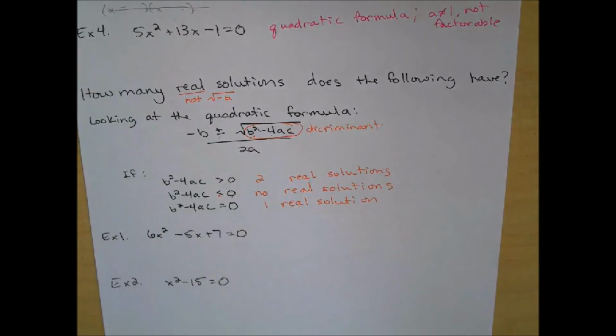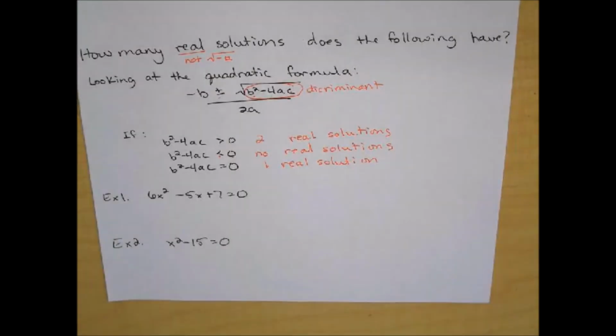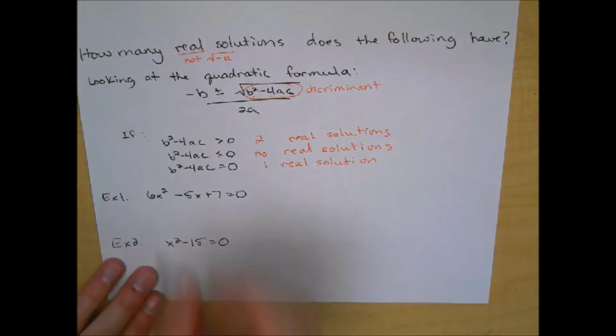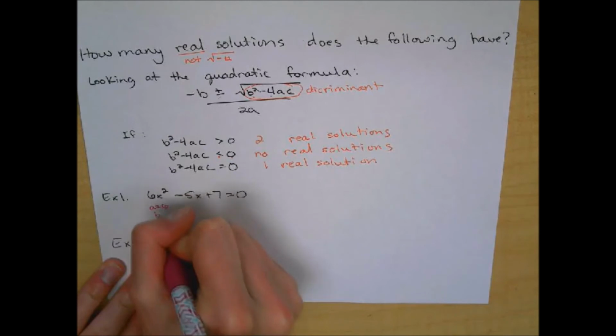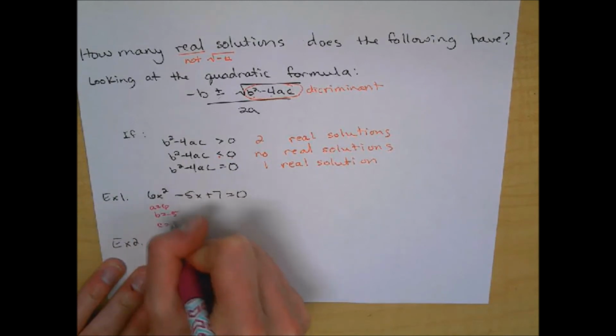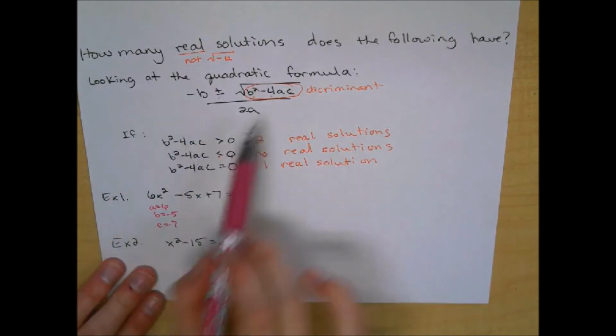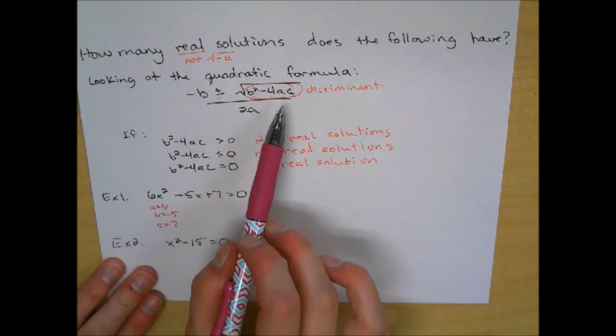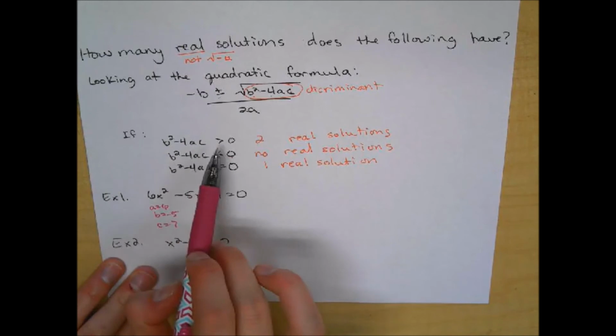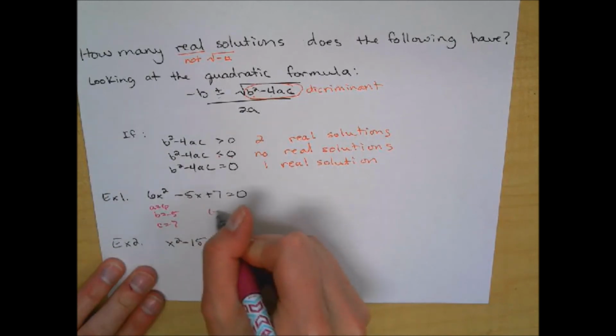So let's apply this. The first example, find your A, B, and C. If you want, you can plug them into the whole quadratic formula, or you can just look at the discriminant. I'm just going to look at the discriminant.